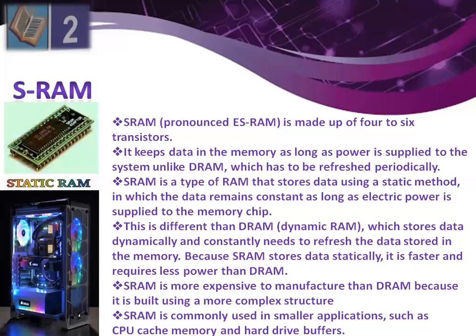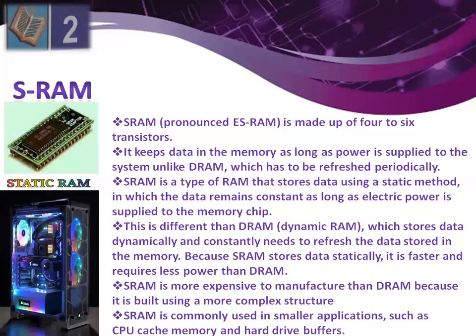SRAM is a type of RAM that stores data using a static method in which the data remains constant as long as electric power is supplied to the memory chip. This is different from DRAM, dynamic RAM, which stores data dynamically and constantly needs to refresh the data stored in the memory.